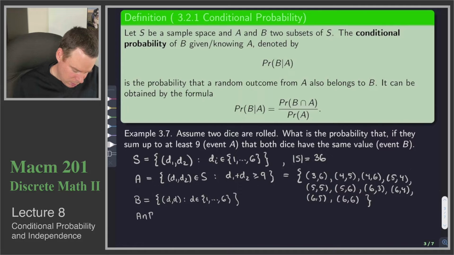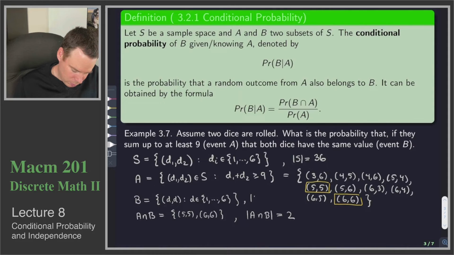Those are all the pairs we can get with a die roll for which the sum is at least 9 and we get the same value on each die. So I look at event A and pick off the ones which also live in B. They are those two: (5,5) and (6,6). And so the size of A intersect B is 2.